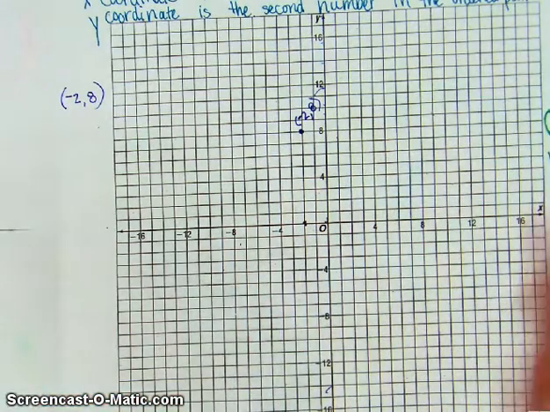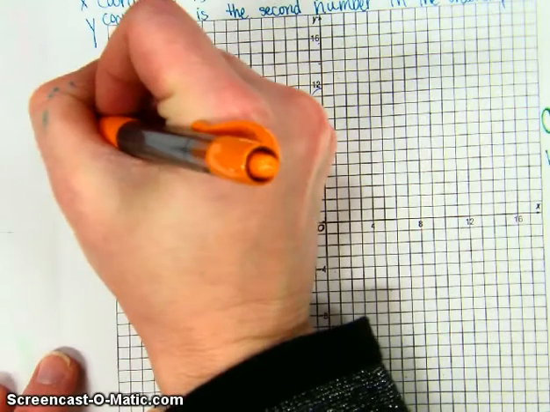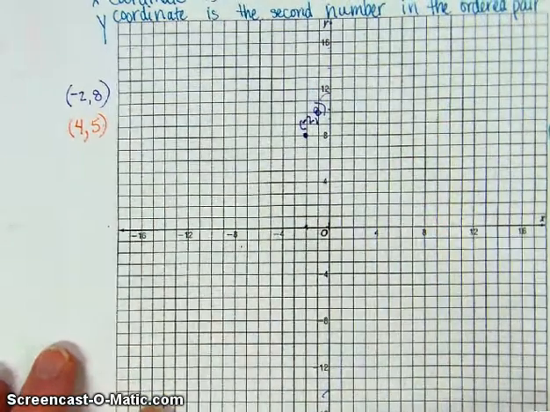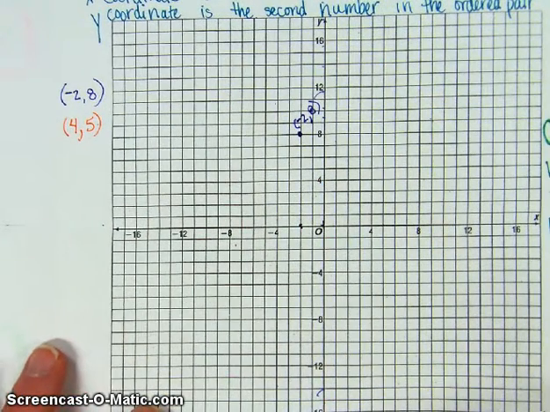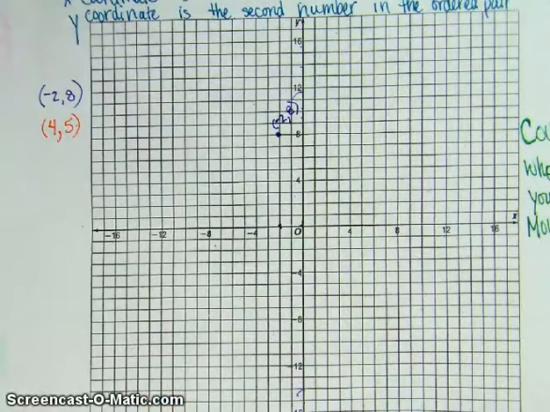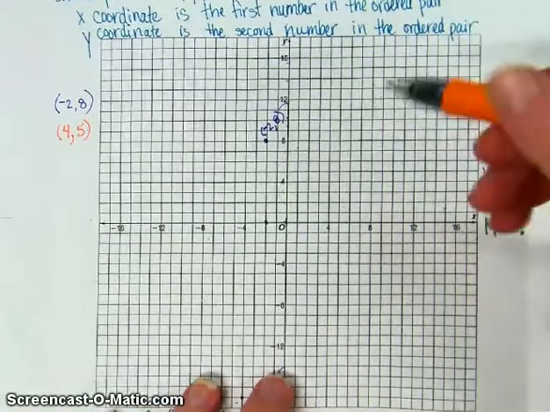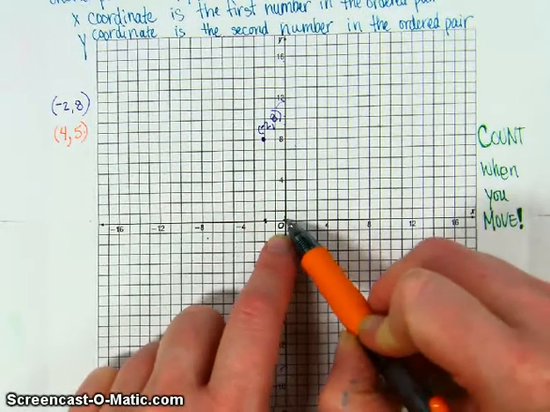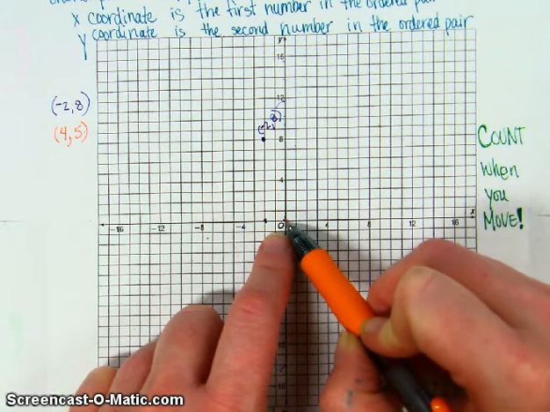Change colors. If I were dealing with 4, 5. Start at the origin. This is 0.